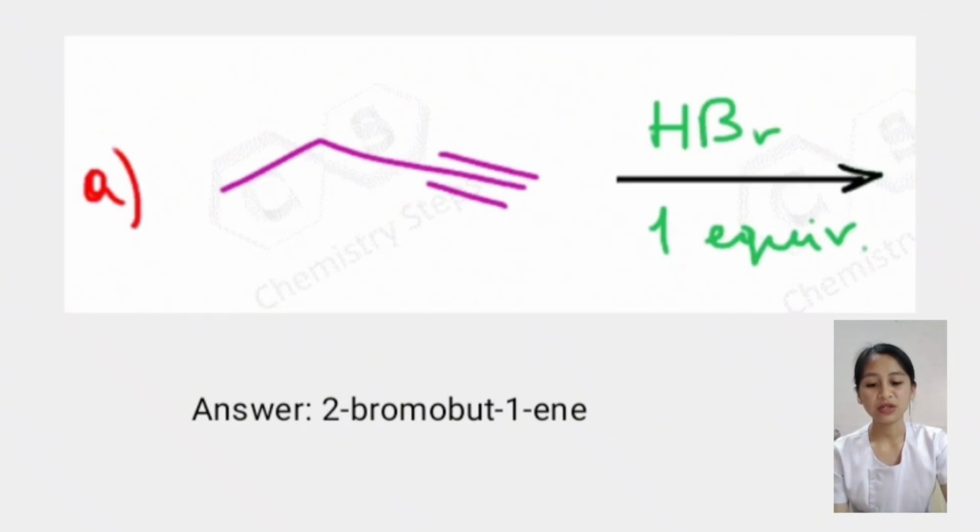The bromide ion then attacks this carbocation, resulting in the formation of 2-bromobut-2-ene. Because only one equivalent of HBr is used, the reaction stops at this stage. A second addition to form a geminal dibromide does not occur. The major product is the more stable E isomer.